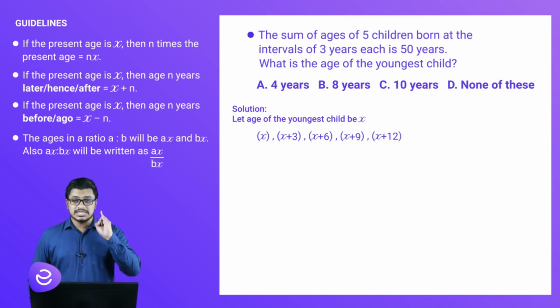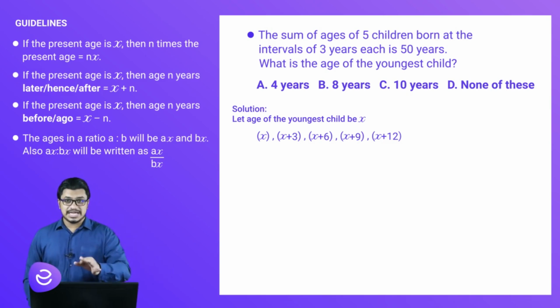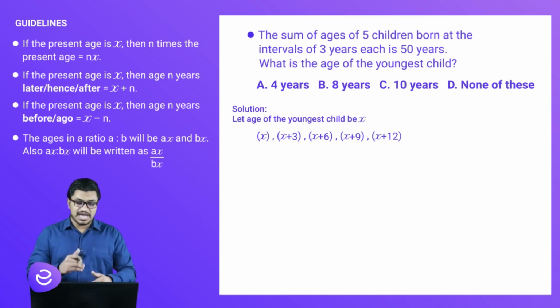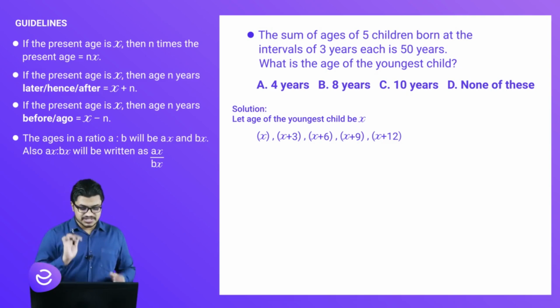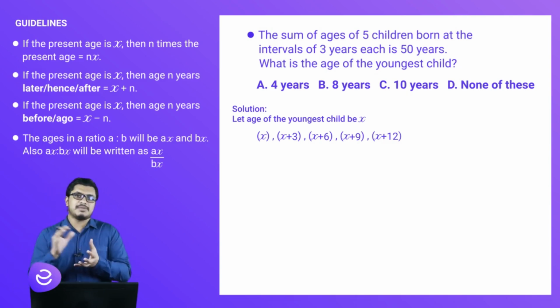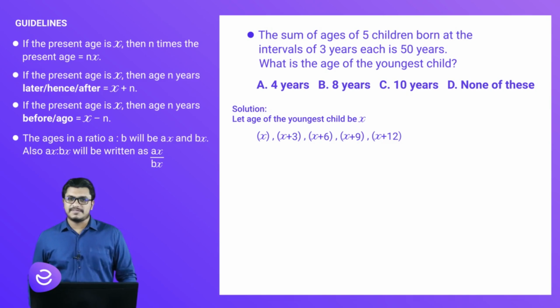So the youngest child's age is x, the next child's age is x plus 3, the next is x plus 6, then x plus 9, and then x plus 12. So we made it into a form that we can use. Now, according to the question, the sum of the ages of all these children will come to 50.